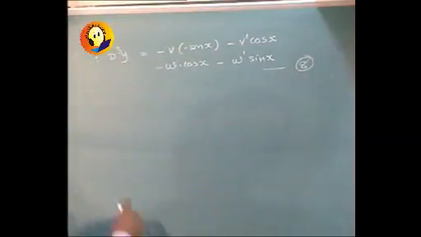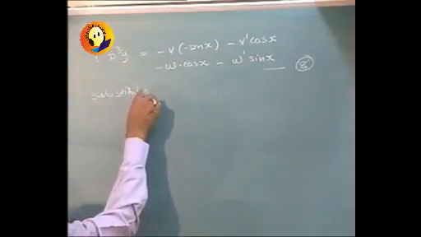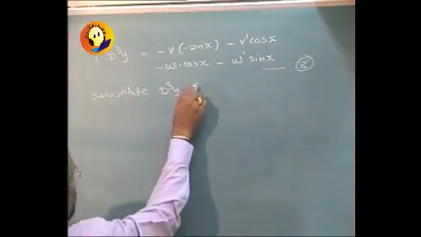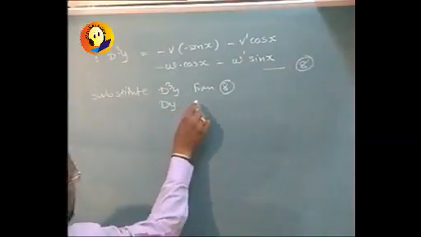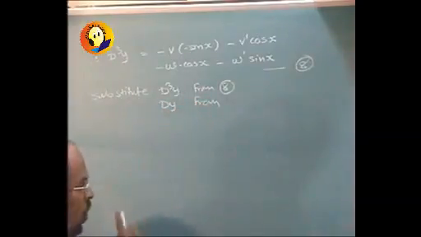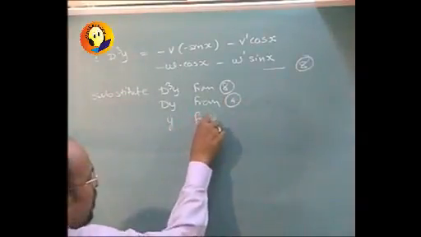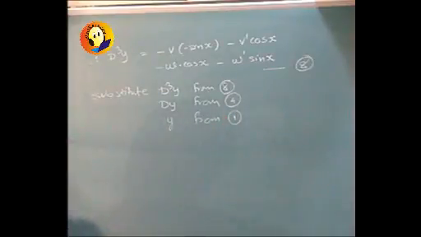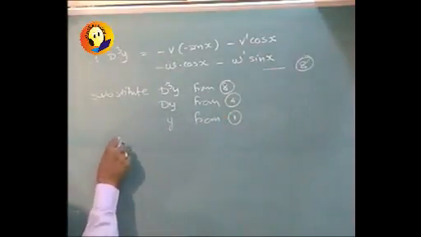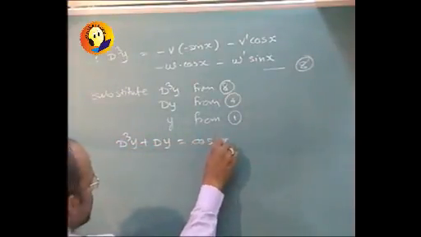And now we are required to substitute d cube y from equation 8, dy from the rewritten dy, that is equation number 4, and y from equation number 1 in the given differential equation, which was d cube y plus dy equal to cosec x.